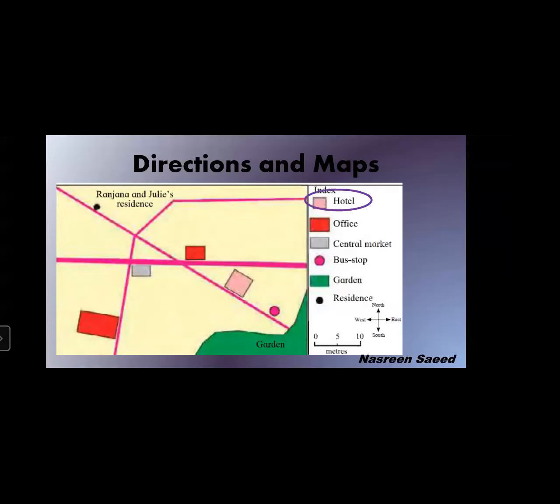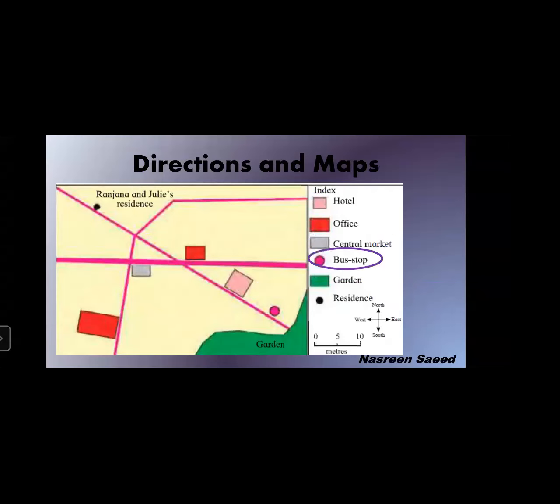Now first let us understand the map, what is given in the map. If you see in the index, hotel is given. Which color it is? It is pink color box, that is a hotel. Next is office. Office is also given. Two red boxes we can see on the map, they are the offices. Then next is the gray color box, that is central market, that is shown there.